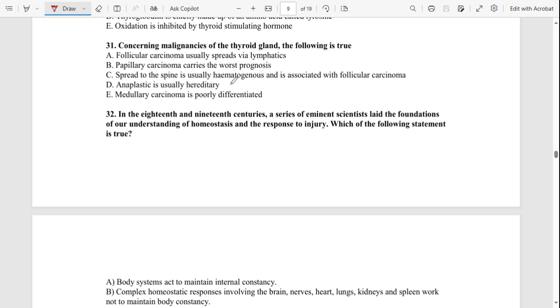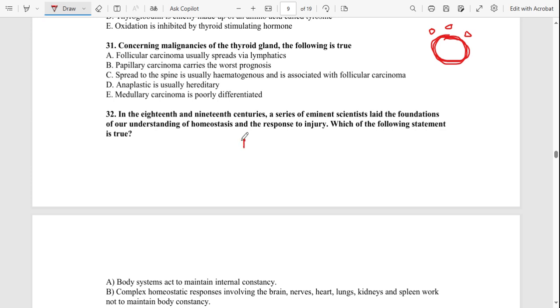So we know the thyroid gland has got follicular cells which are going to be making T3 and T4. And then you also have the C cells or the parafollicular cells which will make calcitonin. Now, when you are talking about thyroid carcinomas, you have got four main types.